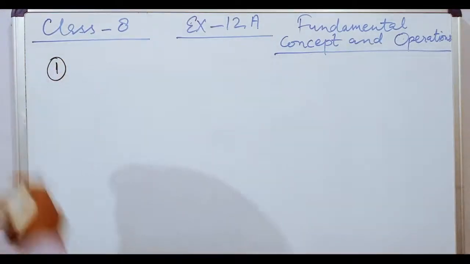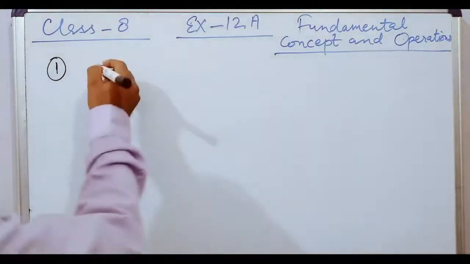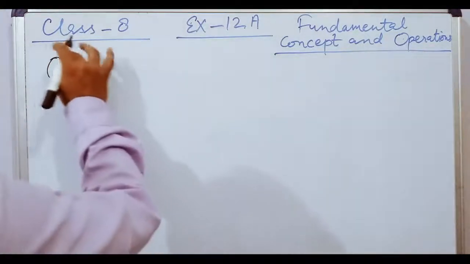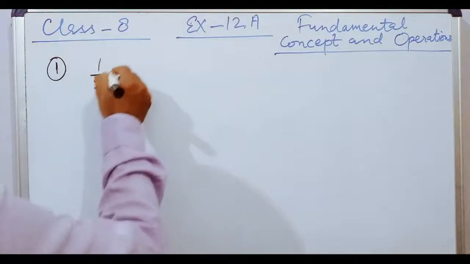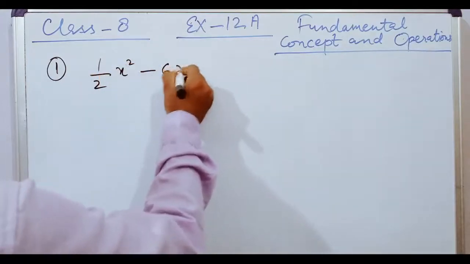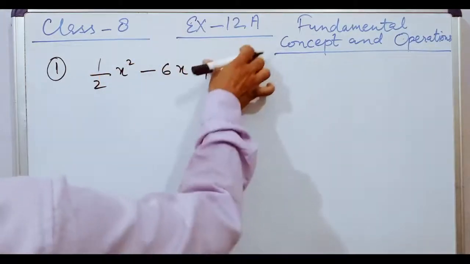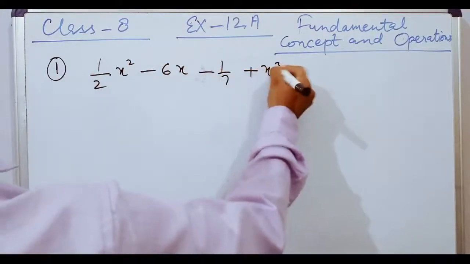Now, in question number 1, which of the following expressions are not polynomial? So, I explained already about polynomial. Now we have to check which one is polynomial and which one is not. My 1 upon 7 plus x cube.